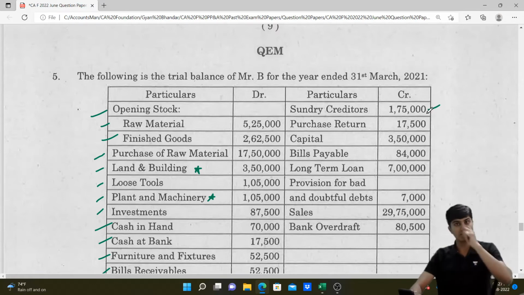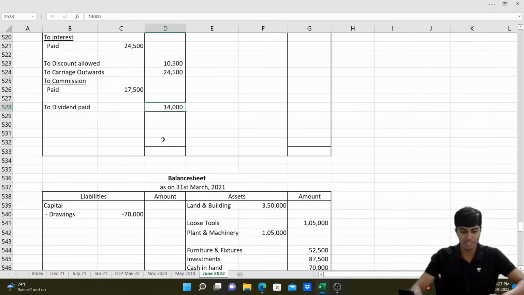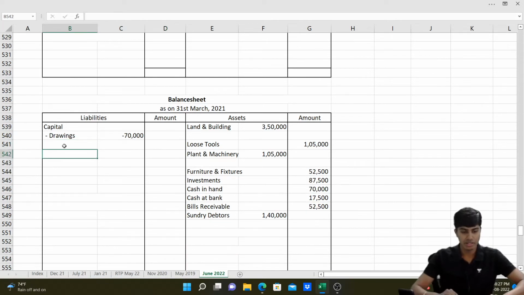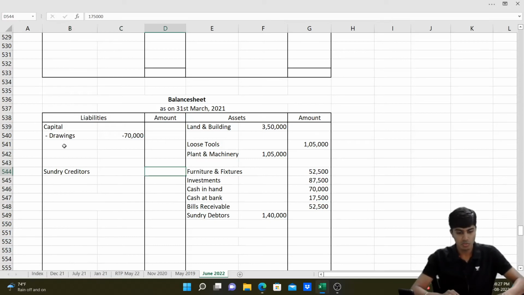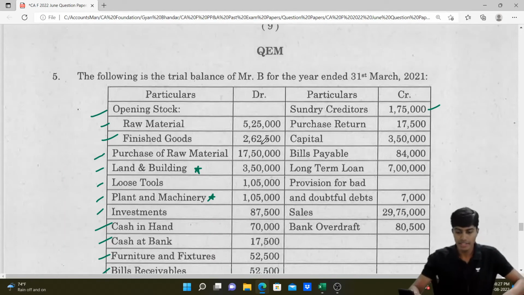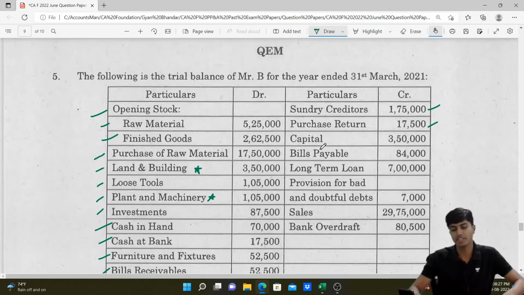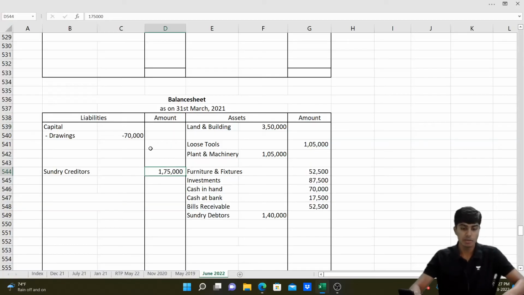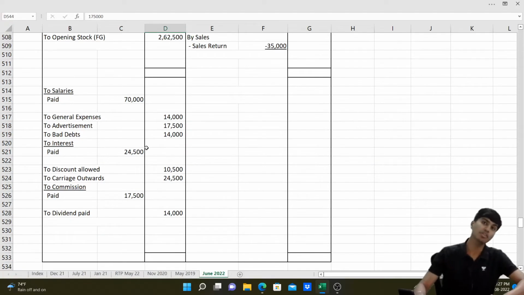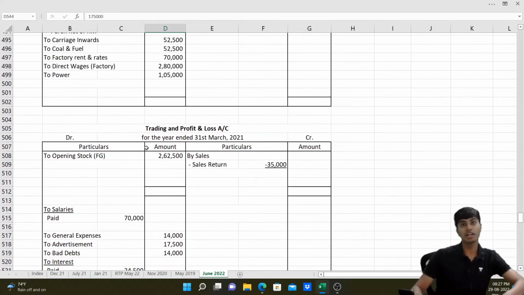Sundry creditors 1,75,000. This will come in balance sheet liability side. I'll write here sundry creditors. How much is it? 1,75,000. Then we have purchase return of 17,500. This will be deducted from our purchases. Purchases of what? We are not purchasing finished goods here to deduct it from our trading account purchases.